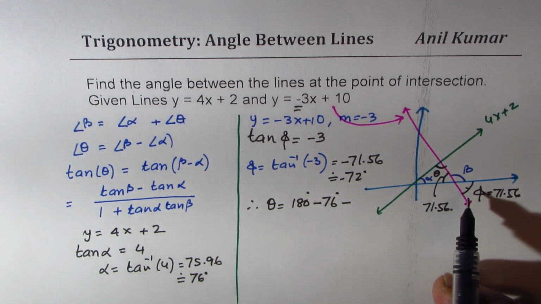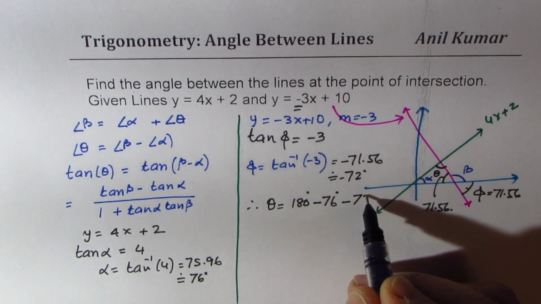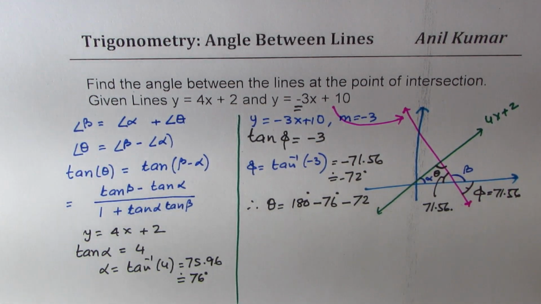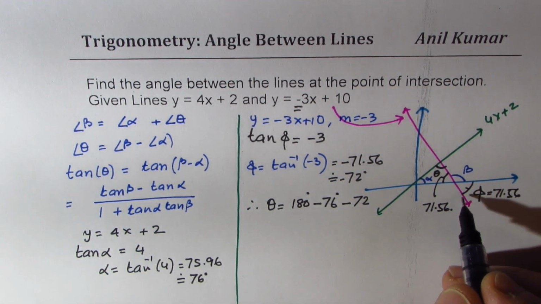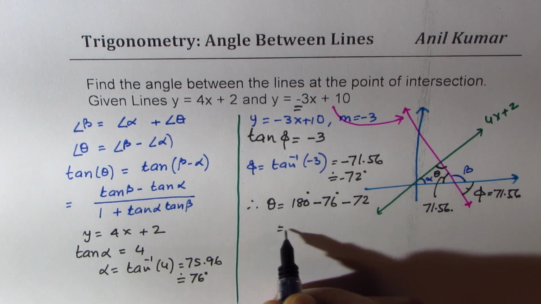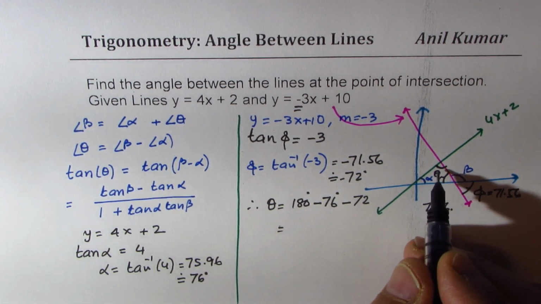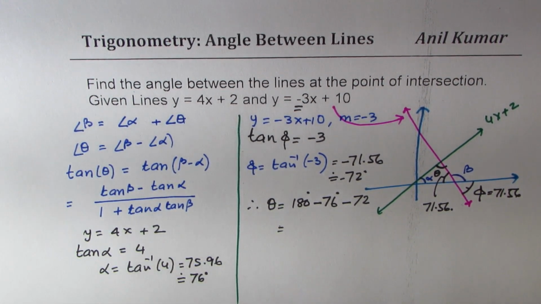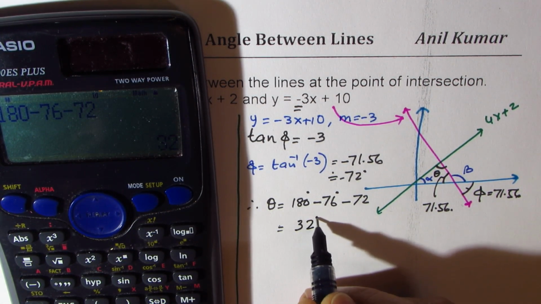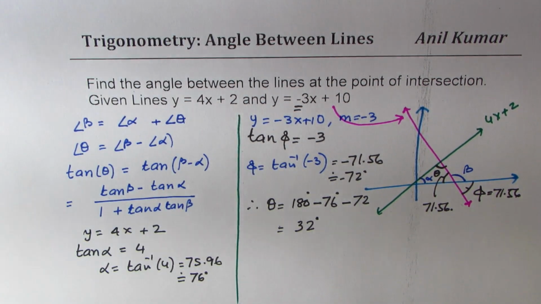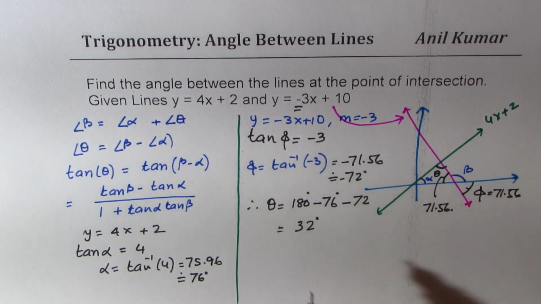The negative sign I'm deleting now, since in a triangle, when we measure the angles, they are all positive angles. Negative only shows that it is being measured clockwise. That gives you the angle between the intersecting lines. So we can now calculate this, which is 180 minus 76 minus 72. You can keep the decimal values also and work it out, but I rounded them. So we got 32 degrees as the angle between the intersecting lines.